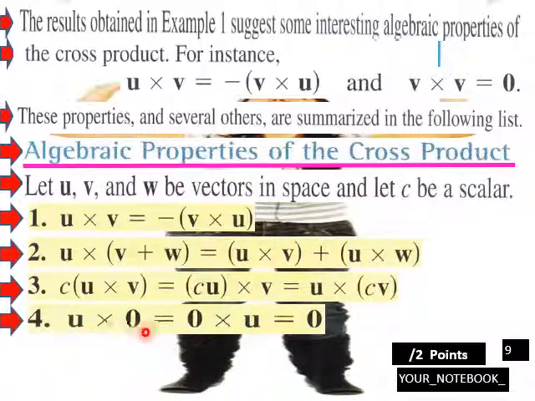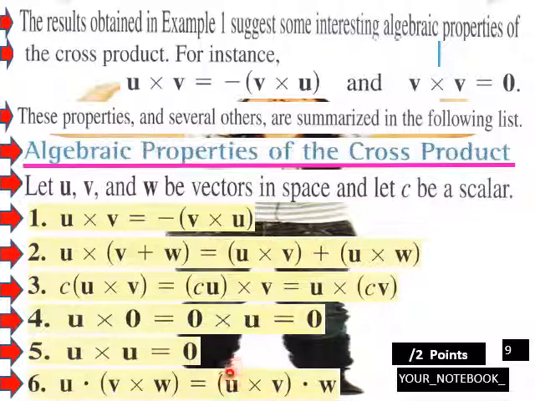Fourth, u times 0 equals 0 times u, which equals 0. And then u times u will equal 0. That's a good one there. And then u dot the quantity v times w will equal u times v dot w. So these are the algebraic properties of the cross product.